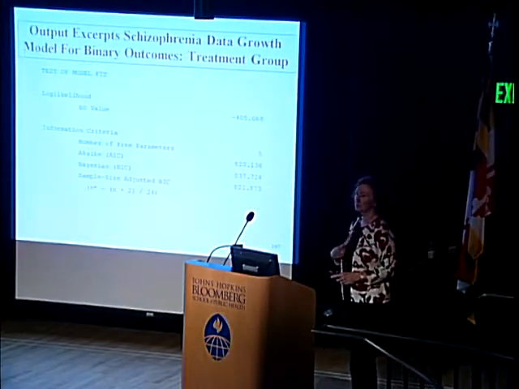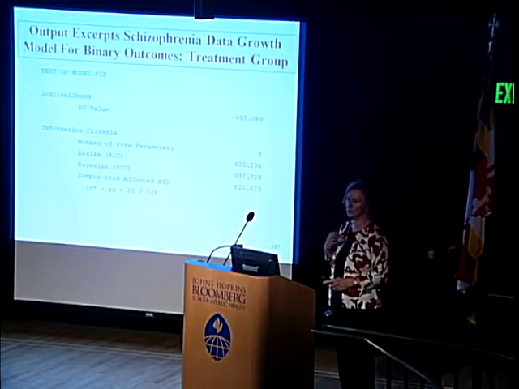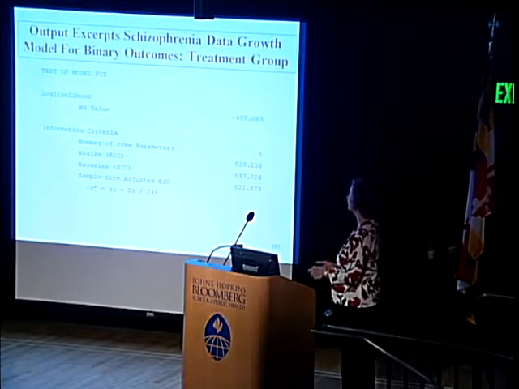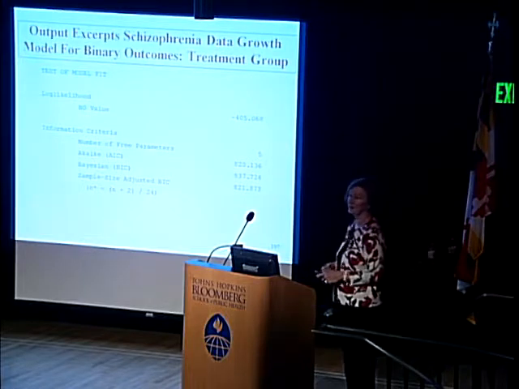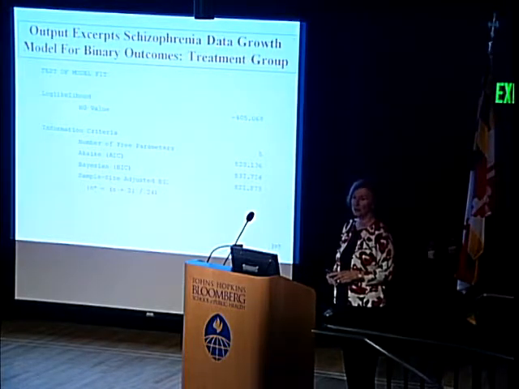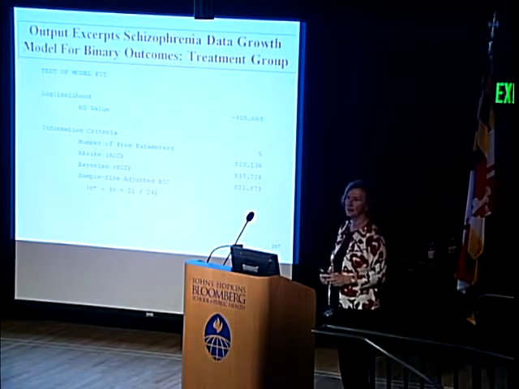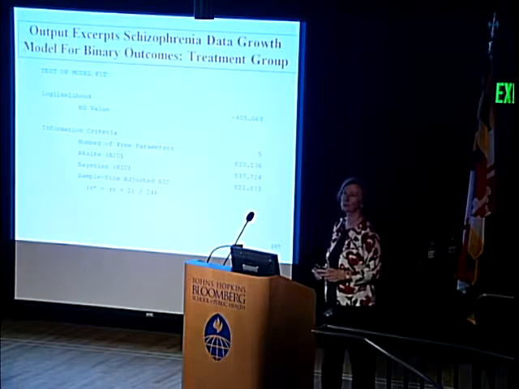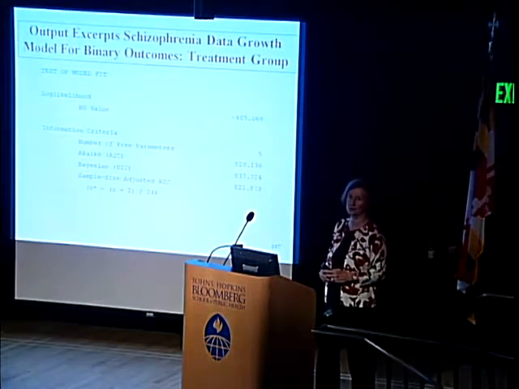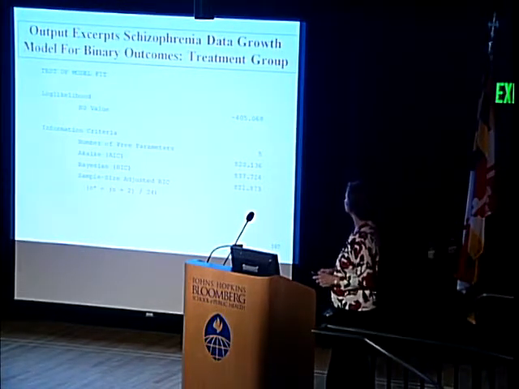And we have our test of model fit as usual, and you notice that we don't get chi-square or anything because we're using categorical outcomes and maximum likelihood estimation. If we estimated this model using weighted least squares instead of maximum likelihood, we would get traditional fit statistics, but we would be doing a probit regression rather than logistic regression.